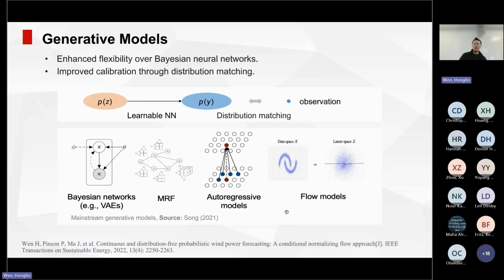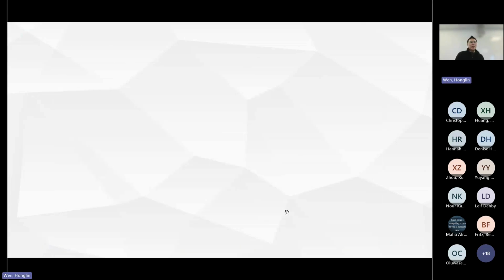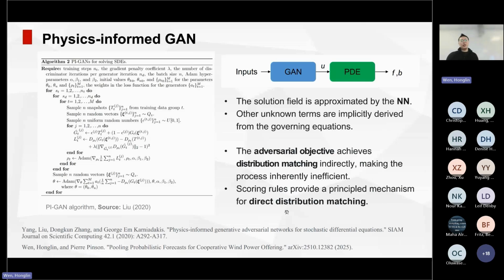In the physics-informed area, they still use this idea. Although the diffusion model is very popular now, to be honest, I think the GAN model is very flexible. So several people use it for the scientific machine learning area.